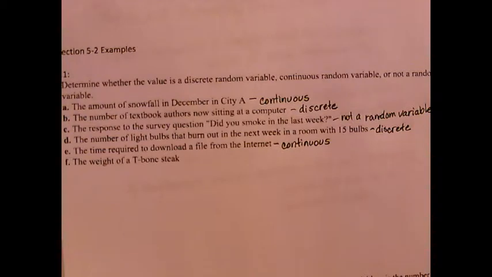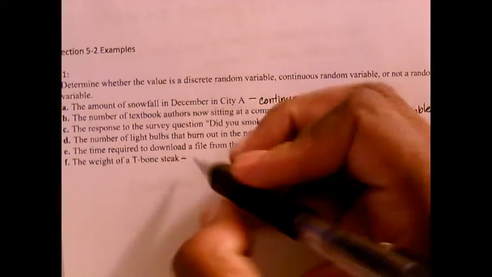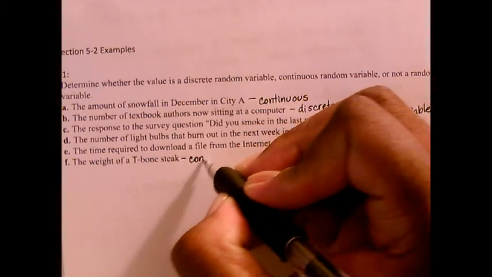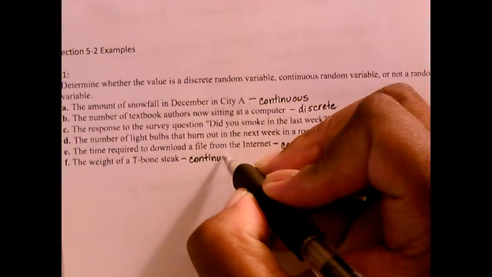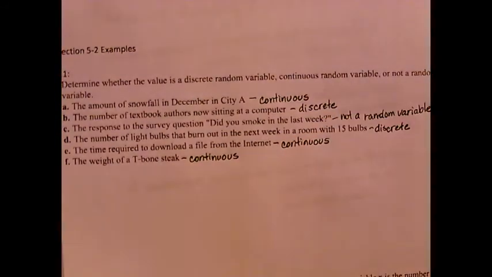The weight can be measured to a precise number in pounds or in ounces, so that would be continuous. So pretty much you know the difference between what's continuous and what's discrete.